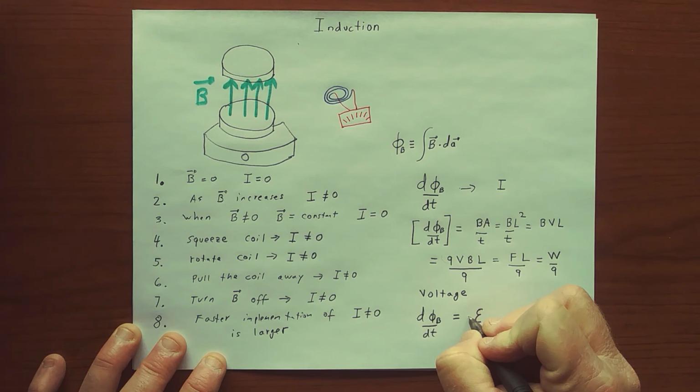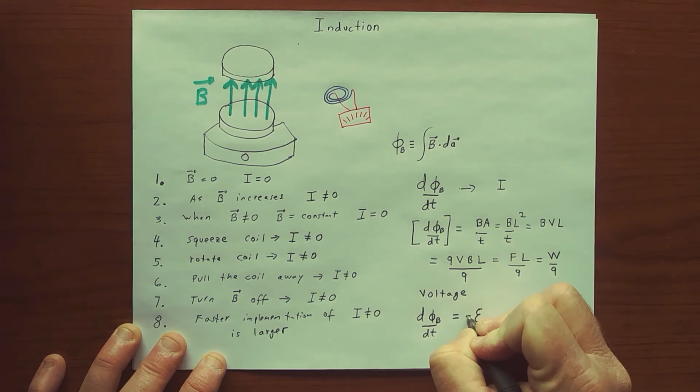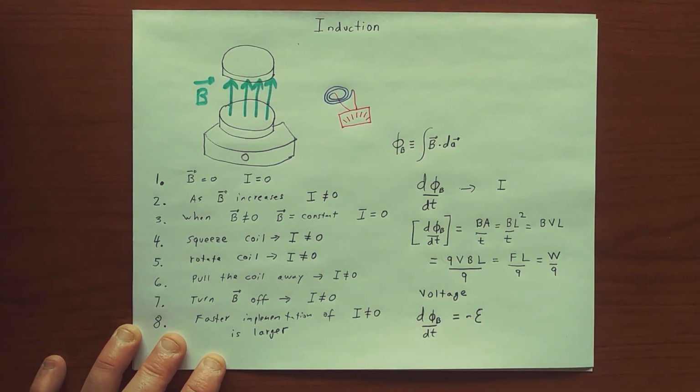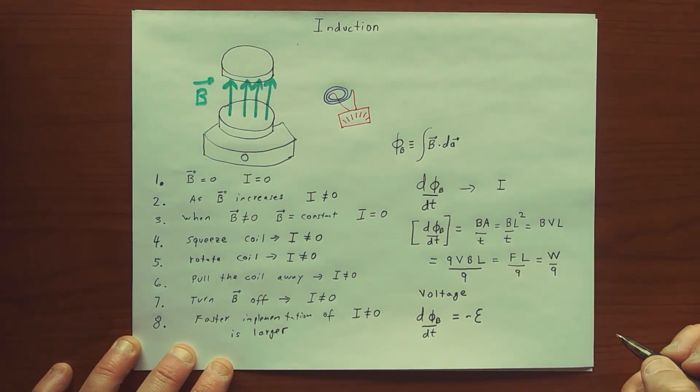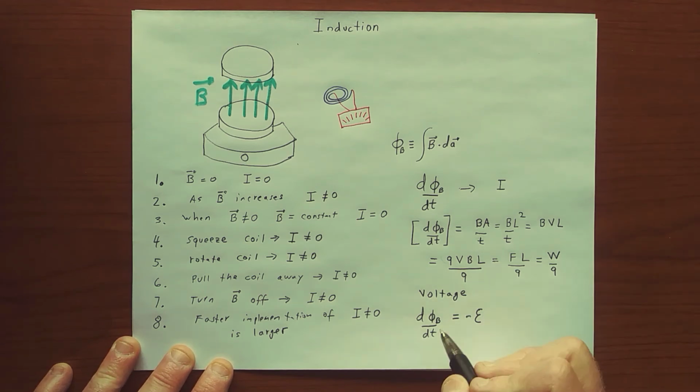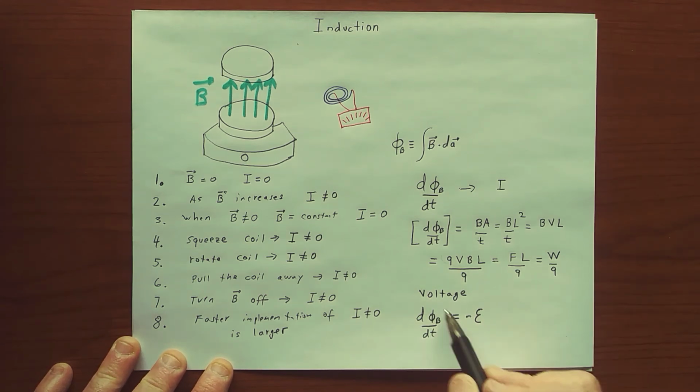But there happens to be a minus sign, and we'll discuss this in a little bit and see practical applications of this. So this is the new idea that we've just imagined discovering from experiments.